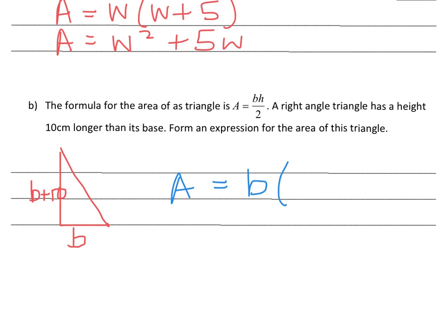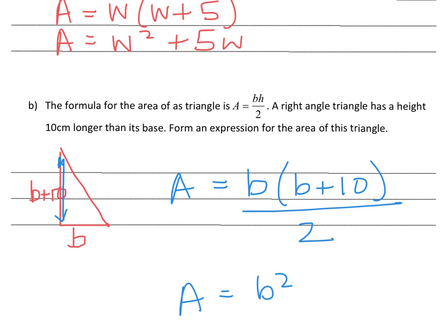Now the height here is B plus 10. And that's all divided by 2. I could also write it as A equals B squared plus 10B over 2 if I expand that bracket out. I hope that helps you. Thank you.